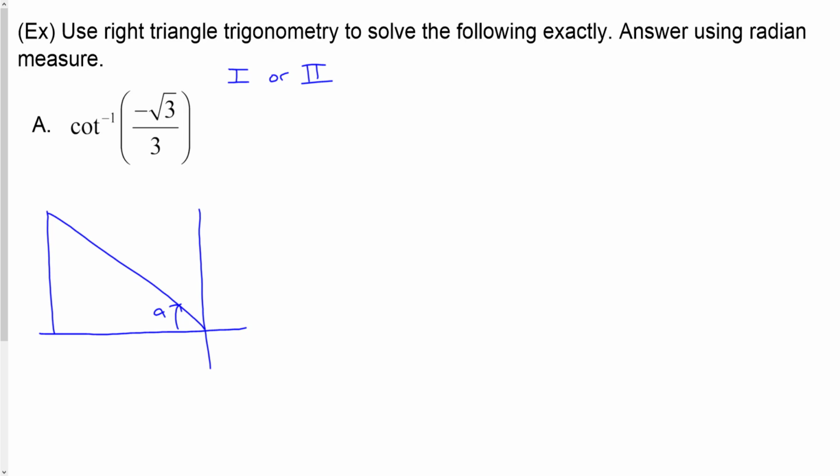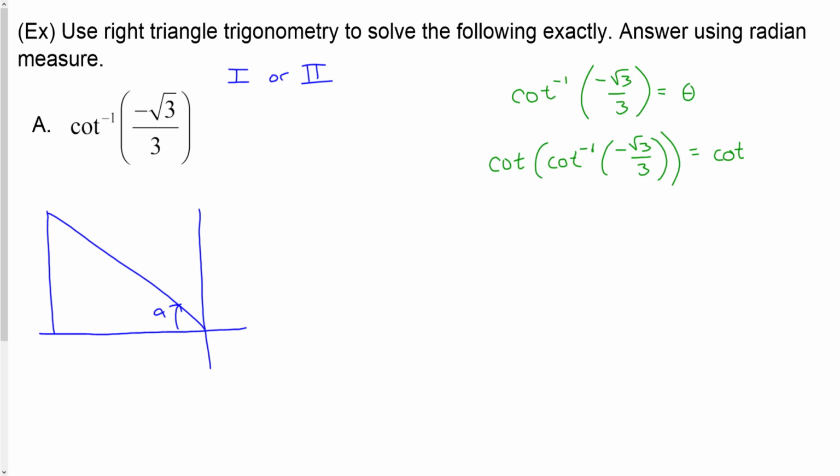Now, what I know about this is that if the arc cotangent of negative root 3 over 3 is equal to some angle measure, then if I take the cotangent of both sides, the cotangent and the arc cotangent are inverses of one another.